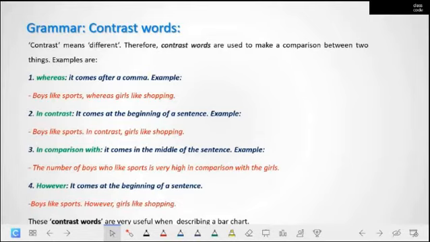For example, boys like sports. However, girls like shopping. These contrast words are very useful when describing a bar chart, especially when you have two things, right? All right.